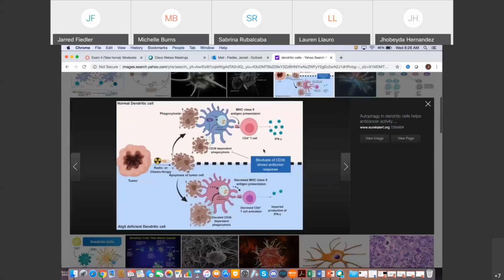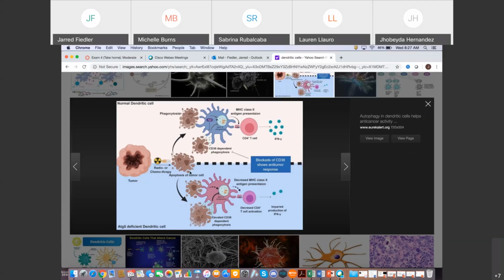Here's a more detailed picture. The biochemistry behind this is pretty detailed, but this is showing how dendritic cells are going to be involved in fighting against cancer cells. This is part of immunotherapy. Obviously, this is a tangent, guys, and you don't need to know this for the exam. But this picture is part of a paper showing that one of the things you can do to treat cancer is immunotherapy, where you take advantage of your various immunological cells.